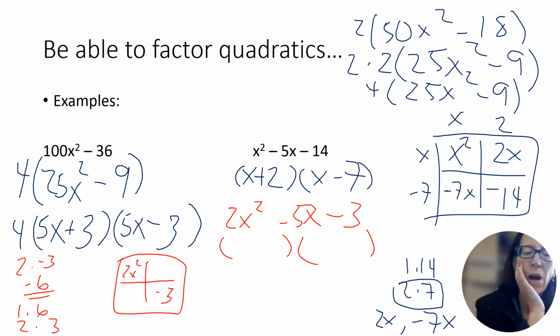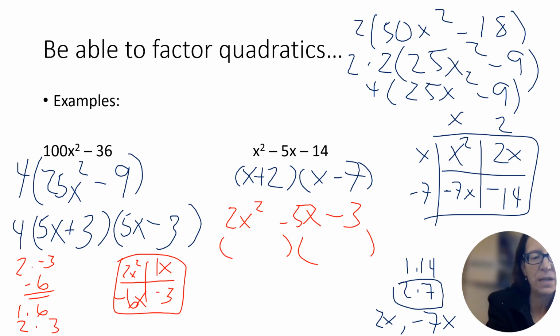The reason you do not want the negative 2 and the negative 3 is because negative 2 times negative 3 would give you positive 6. And the number at the end is negative. So we're going to do positive 1 and negative 6. Then we have to do GCF factoring.